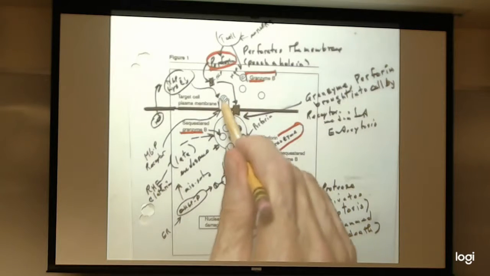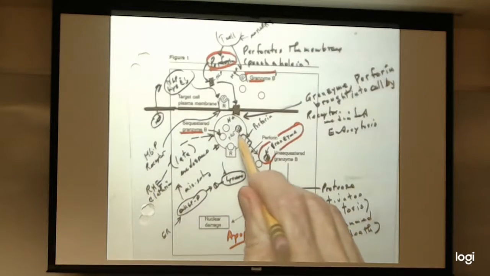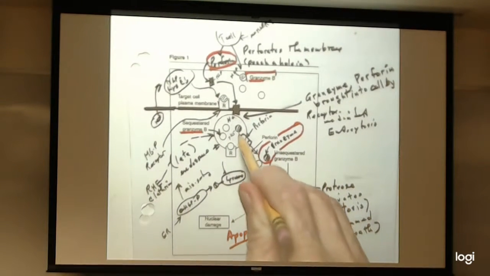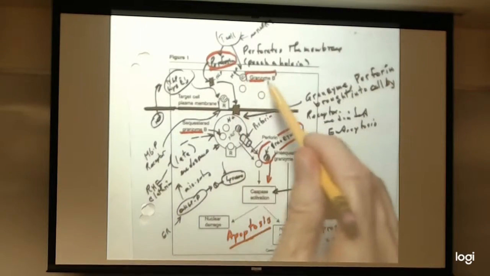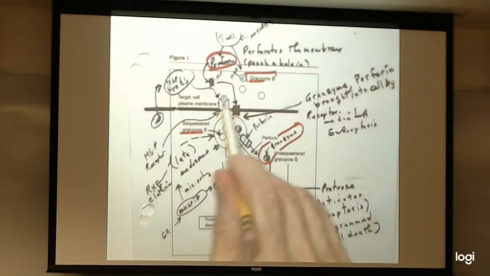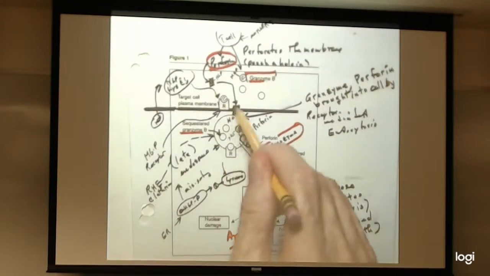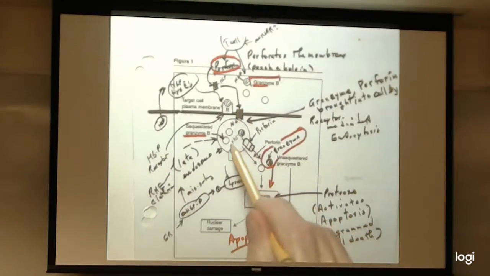So this M6P receptor comes into cells via the specialized receptor-mediated endocytosis pathway here. So both granzyme and perforin are going to be brought into the cell using the M6P receptor to form an endosome here. Okay?